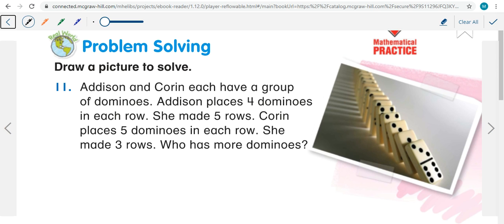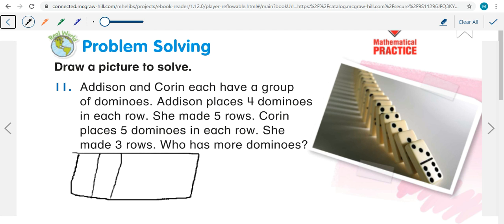Addison has 4 dominoes in each row, but she has 5 rows, okay? 3, 4, and 5. Each row has 4 dominoes. Now let's see.